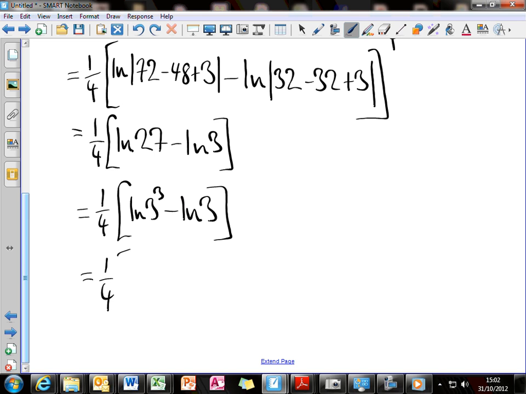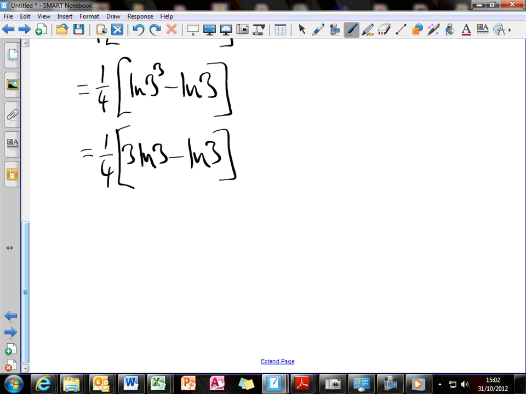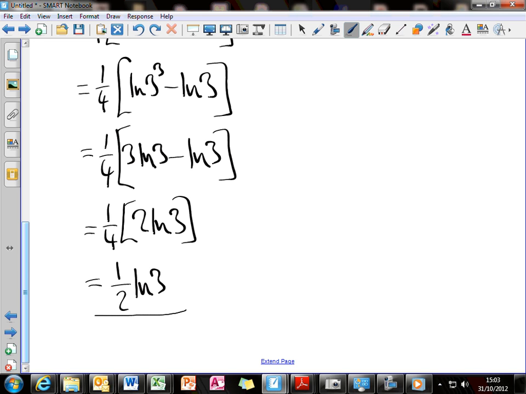So this is going to be 1 quarter, 3 ln 3 minus ln 3. And finally, we're going to get to 1 quarter times 2 ln 3. And finally, that's 2 over 4, which is going to be a half. So this is a half ln 3. Okay, so that's what the integration gets you to.